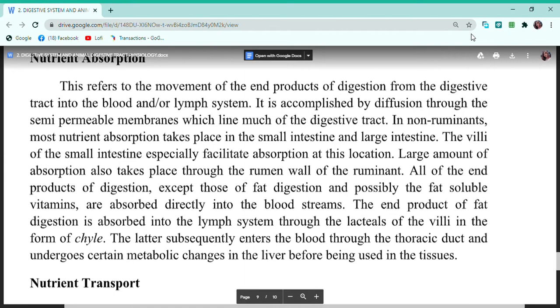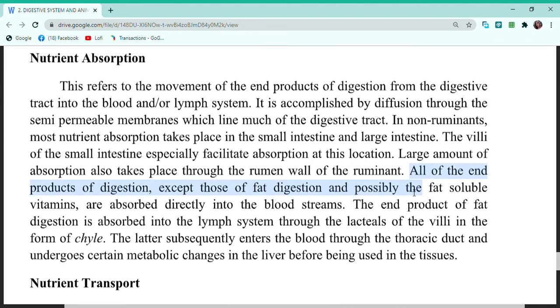So, ibig sabihin yan, nakain yung pagkain mo, the food that you eat, it will be ingested and it will be acted upon by enzymes. It will be broken down into small pieces. It will be absorbed by the small intestines to the villi and then into the bloodstream and the lymphatic systems.